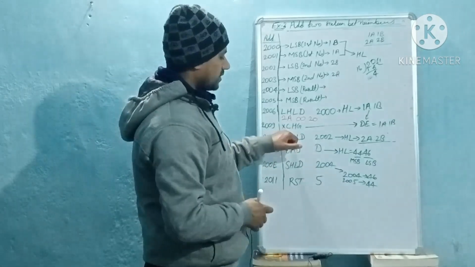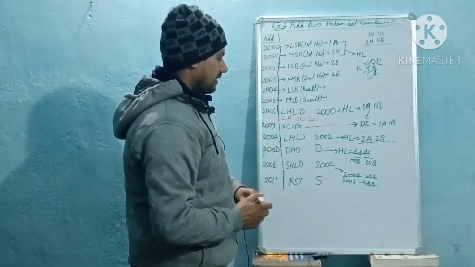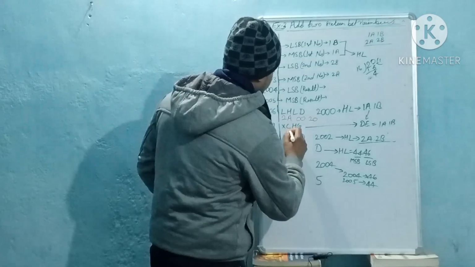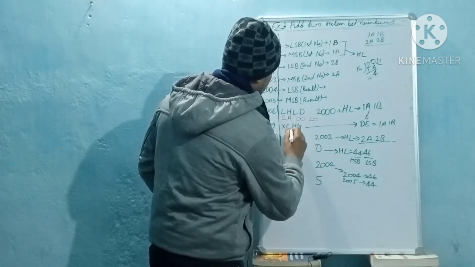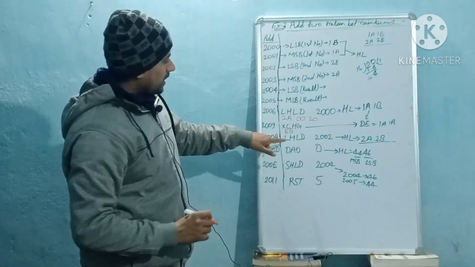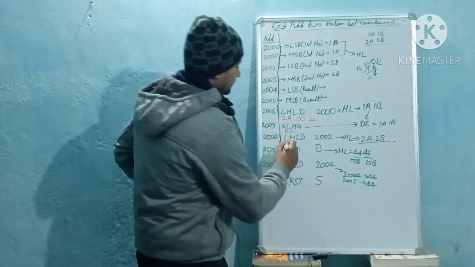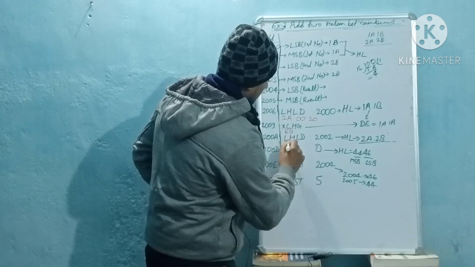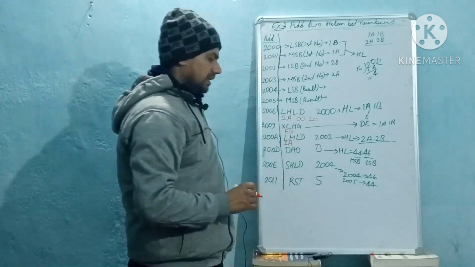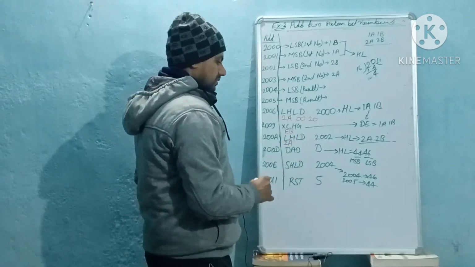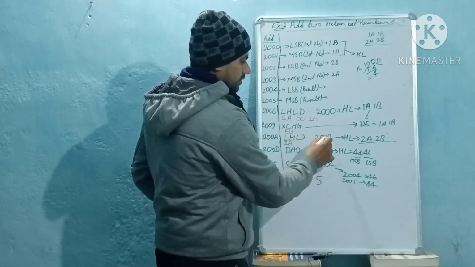For this instruction we have the hex code EB. Again for LHLD, the same hex code we have to use, that is 2A, and this time the address is 2002.